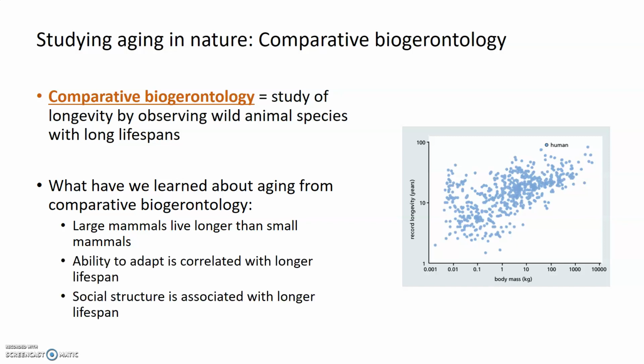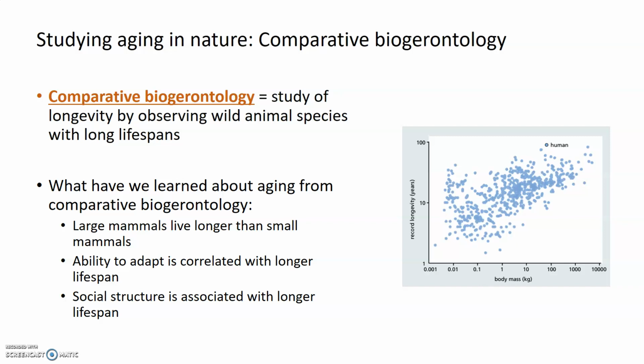And we've also learned that the ability to adapt to your environment, avoid predation, and forage, find food, is correlated with a longer lifespan, right? So if you can avoid being eaten in the wild, you live longer. If you can make sure you spread out wide enough to get the food that you need to survive, you can live longer, as well as this idea of having safety in numbers or a social structure also being associated with a longer lifespan in the wild.